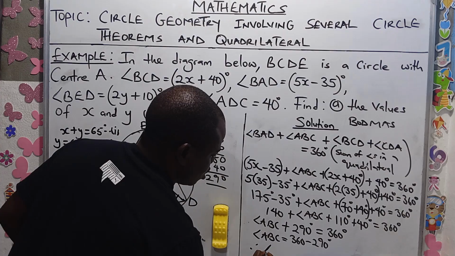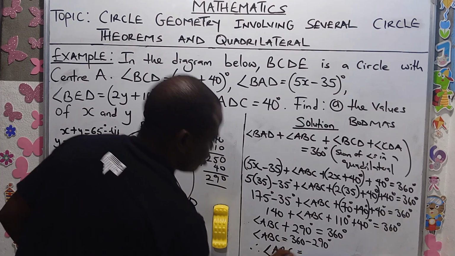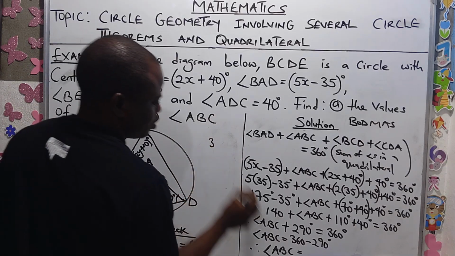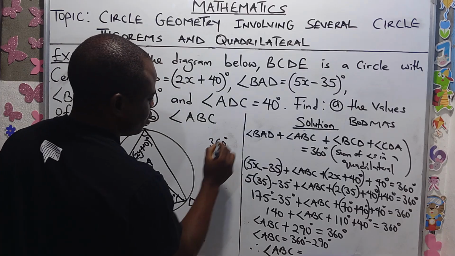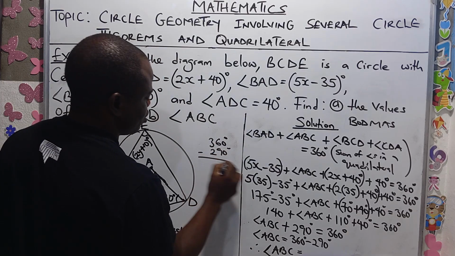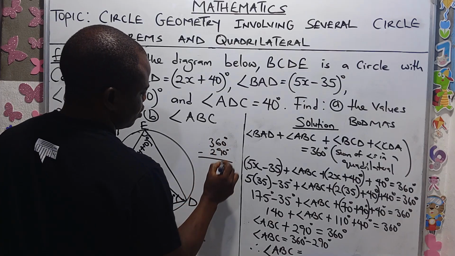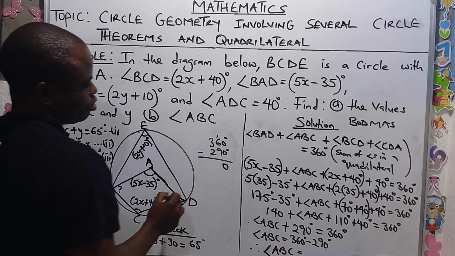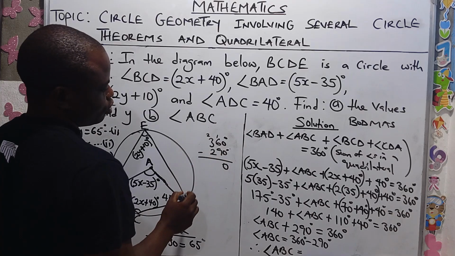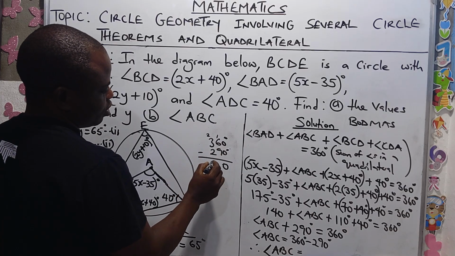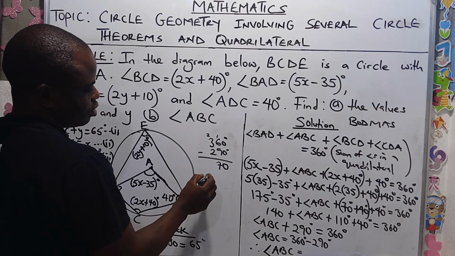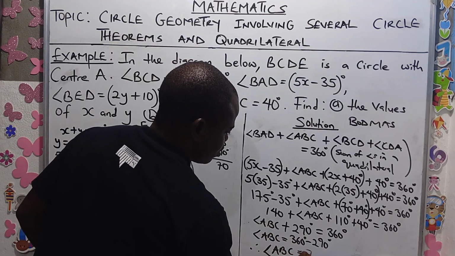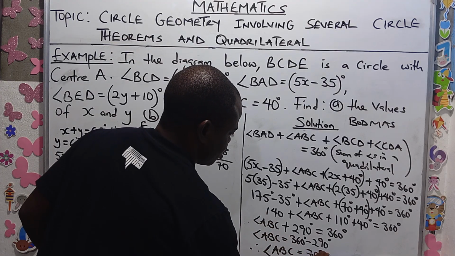Therefore, angle ABC equals, let's do the subtraction, 360 degrees minus 290 degrees. 0 minus 0, that's 0. 6 minus 9, impossible. Borrow 1 from 3 so 6 becomes 16. It remains 2. 16 minus 9, that is 7. That's 360 degrees minus 290 degrees equals 70 degrees.